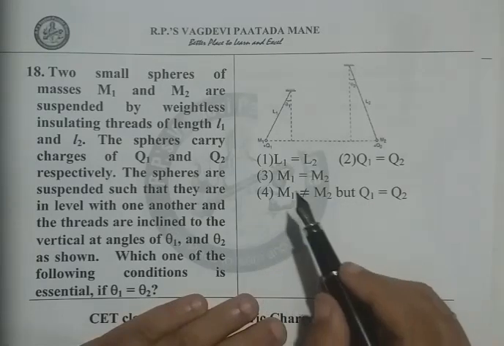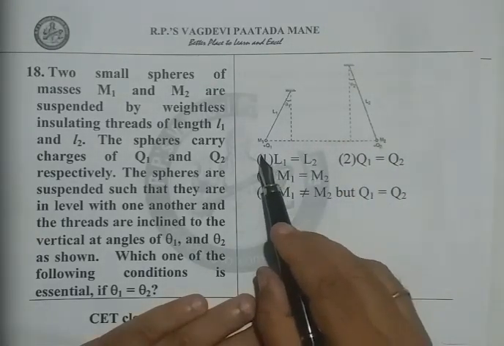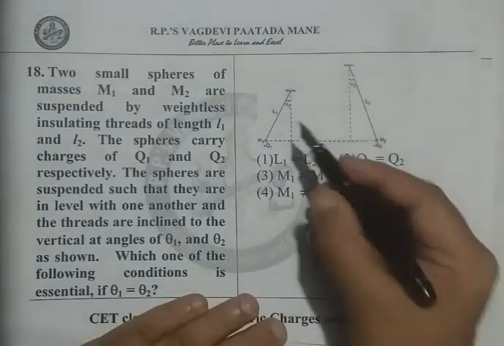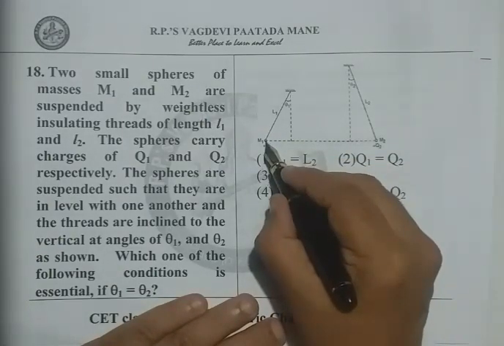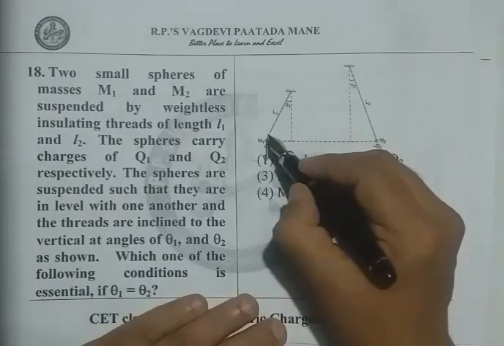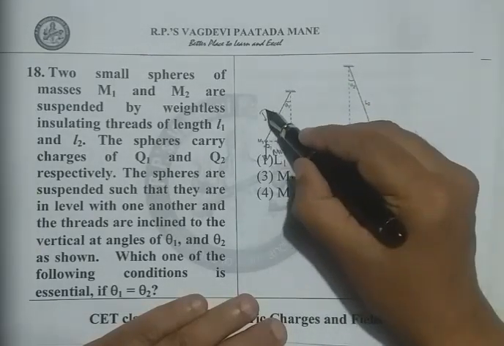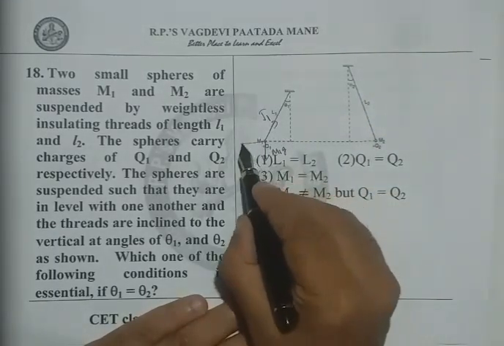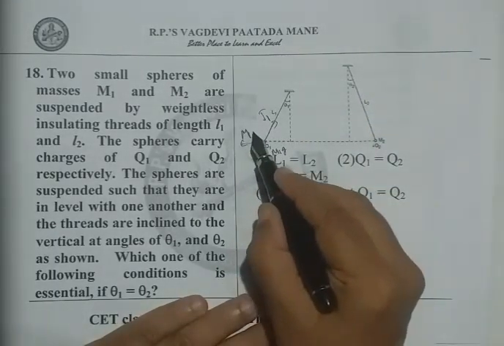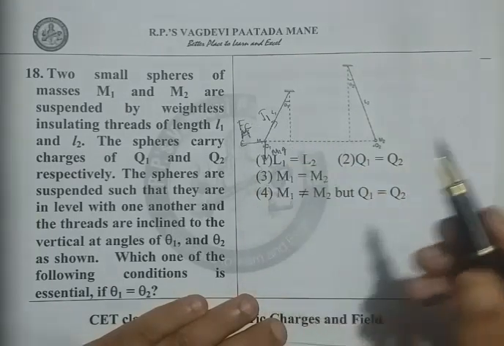That means we do one thing. In this figure we write down the forces acting on M1 and M2. First, the force on M1 is M1G. The other force is tension T1. The other force is the Coulomb force, Fc.